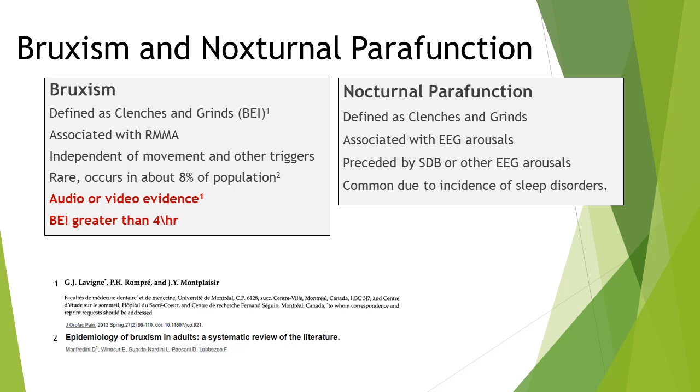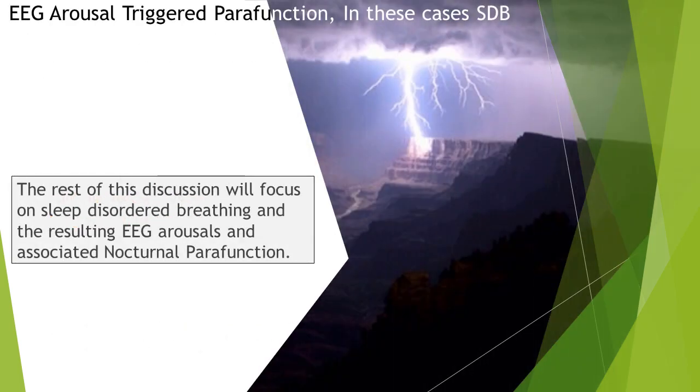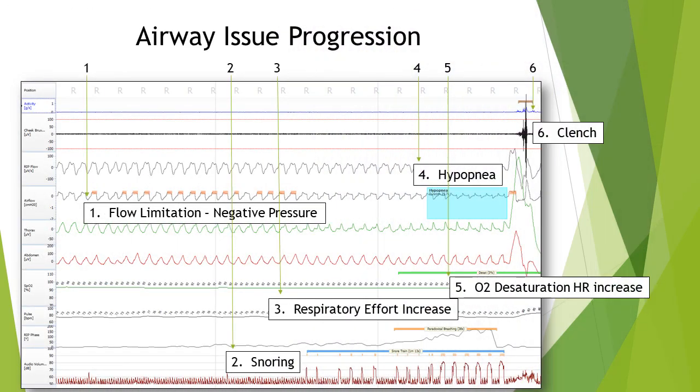And so what we're talking about here is an EEG arousal, and then there's a series of events, and we're going to talk about one of the triggers of EEG arousals, and the most common is sleep disordered breathing. So for the rest of the presentation, we're going to talk about sleep disordered breathing and the consequence of that EEG arousal. So here we're going to talk about airway issues.